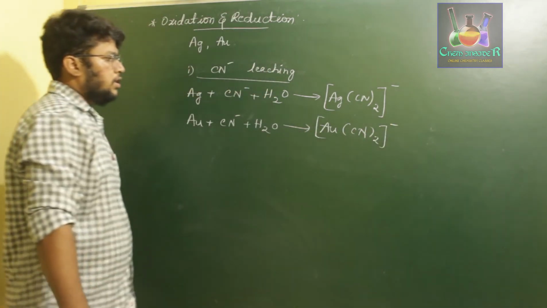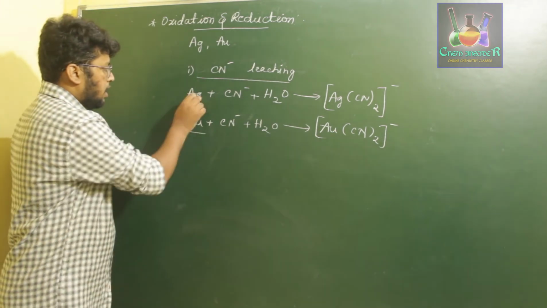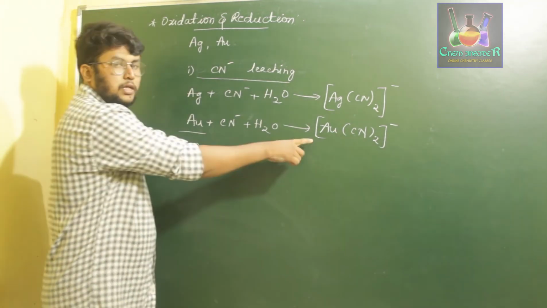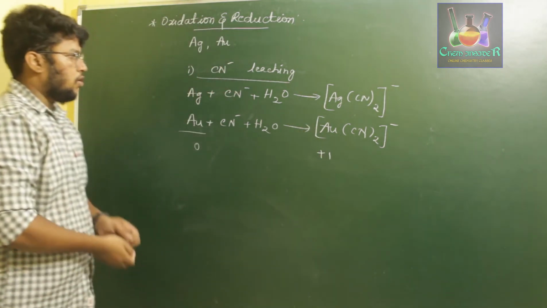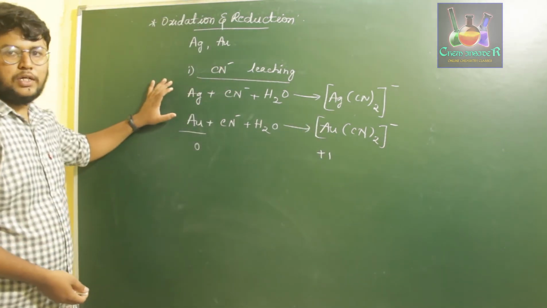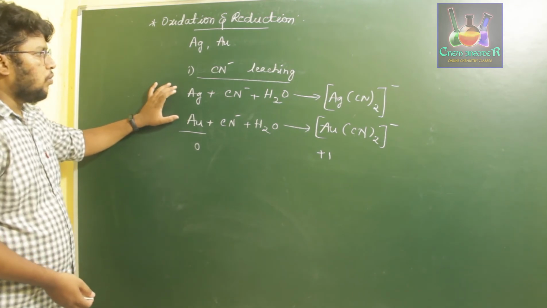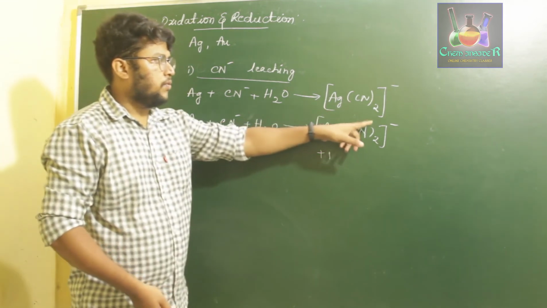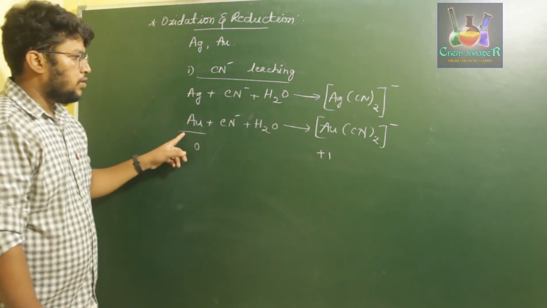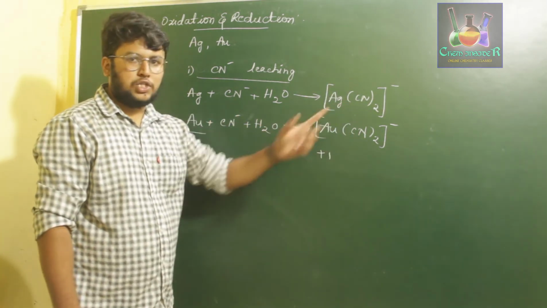So in this particular condition the charge of Ag and Au is 0, but in this case the charge of Ag and Au will be +1. So we are oxidizing or leaching our metal, silver or gold, by treating them with cyanide. Ag gets converted to Ag(CN)2-, Au gets converted to Au(CN)2-.